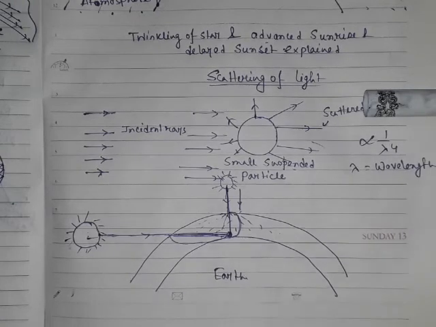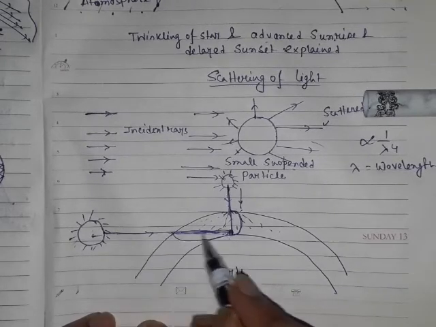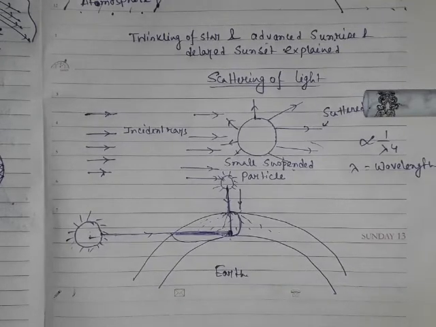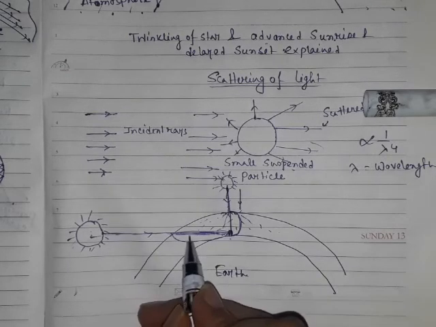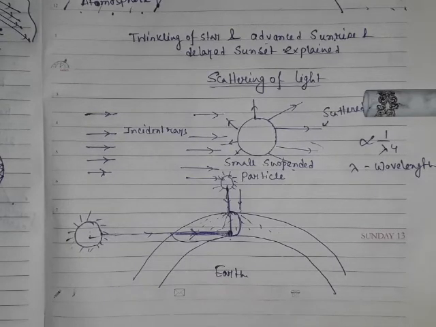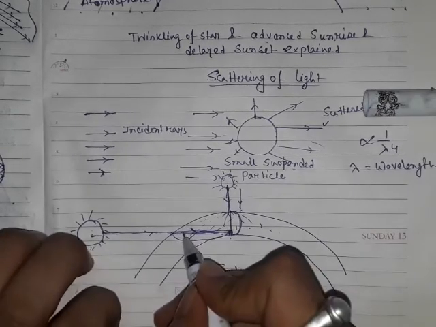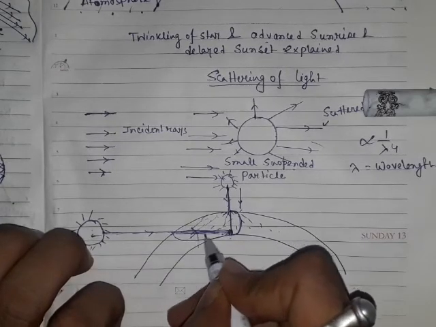So when white light travels a large length, since we know the blue and violet colors have a very big amount of scattering, from this white ray almost all of the violet and blue colors are scattered almost completely. That means they are scattered everywhere.